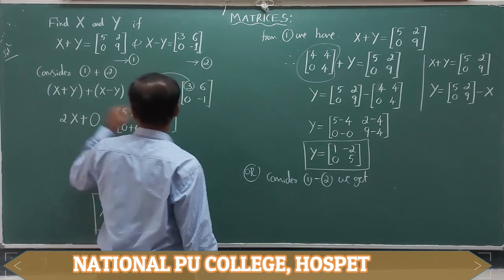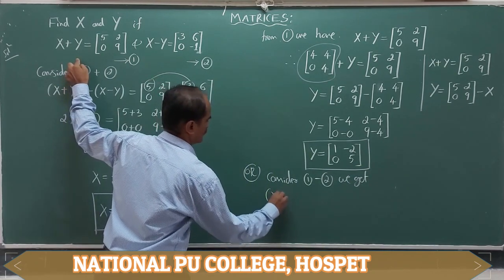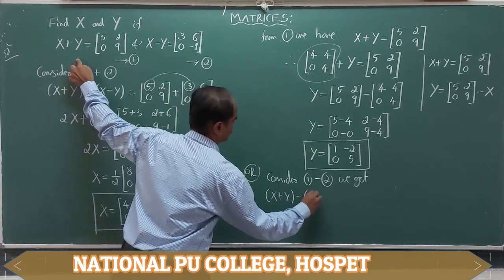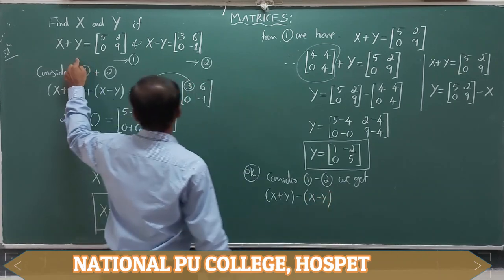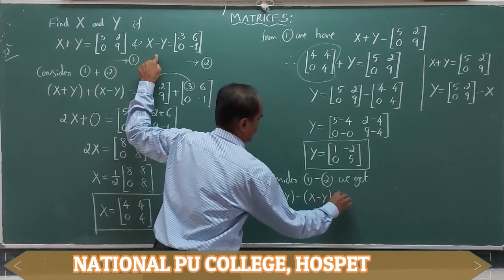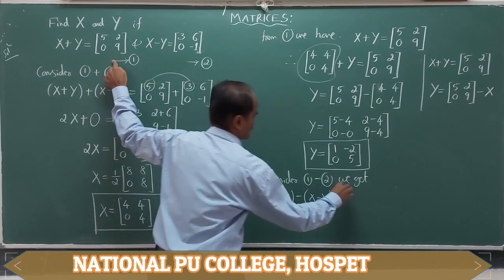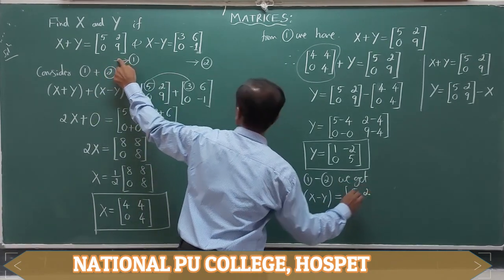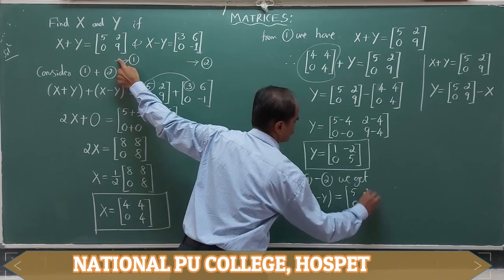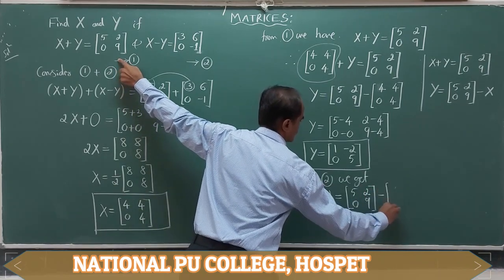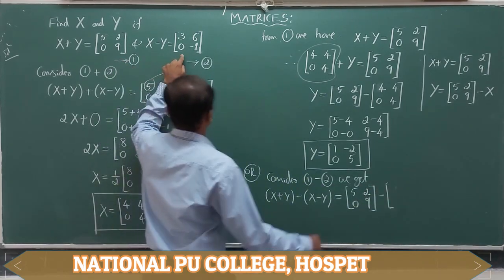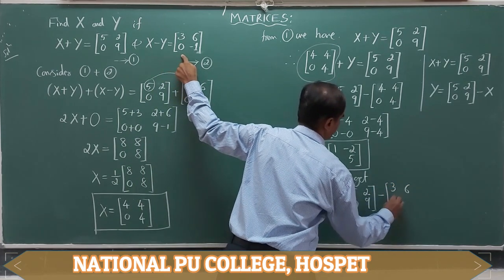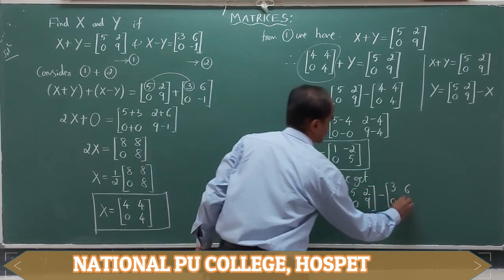We get x plus y minus of x minus y. LHS we subtracted. RHS: 5, 2, 0, 9 minus the second matrix 3, 6, 0, minus 1.